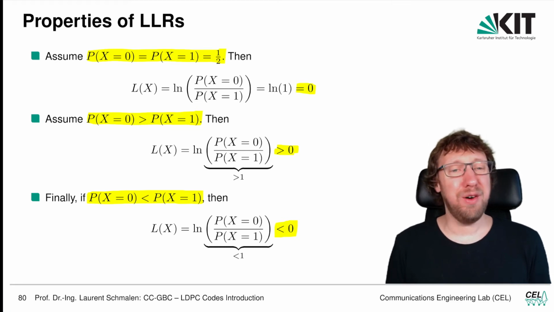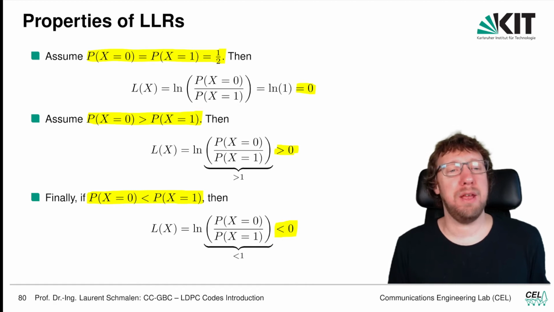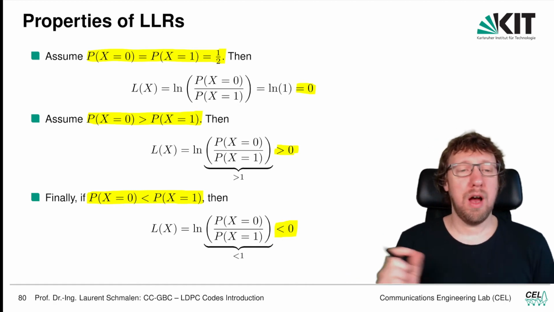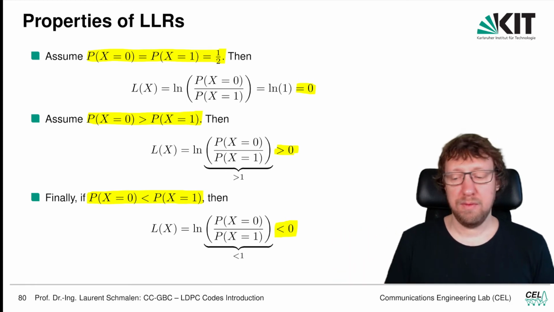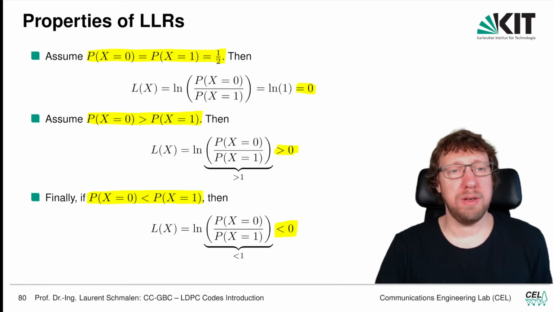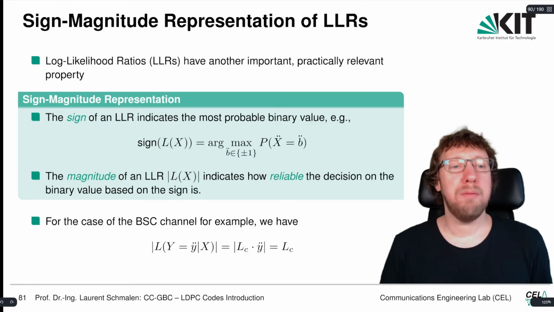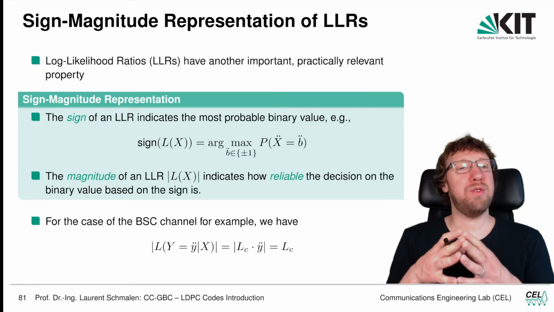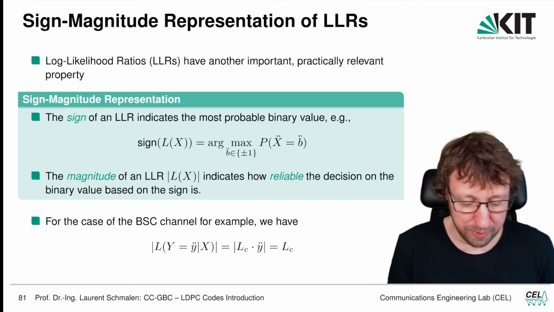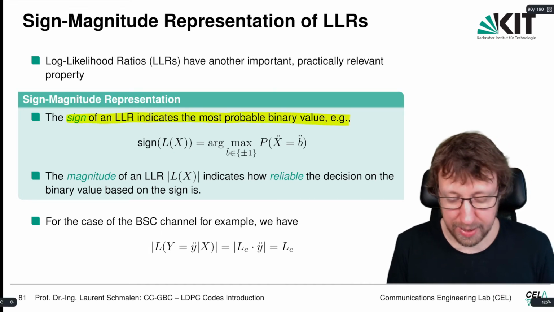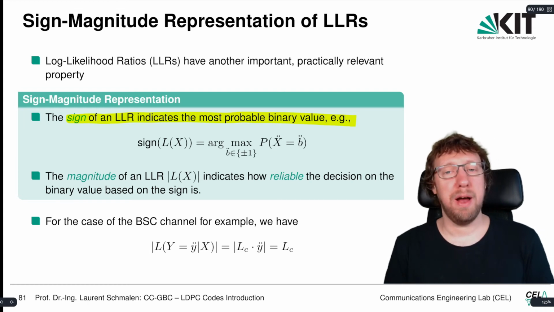So the sign of the log likelihood ratio tells us something about which outcome of the binary random variable is more likely. That's also a very nice property of the log likelihood ratios, because we can divide them into the sign and the magnitude. So the sign of the log likelihood ratio indicates the most probable binary value.